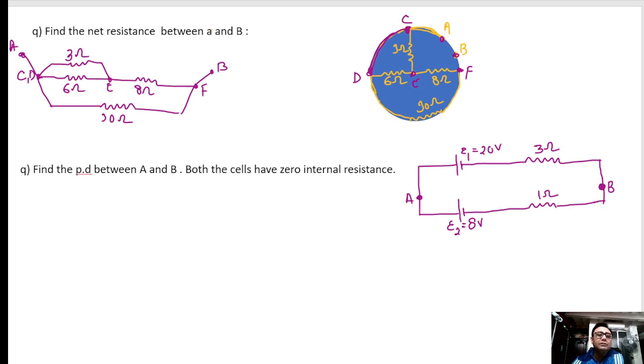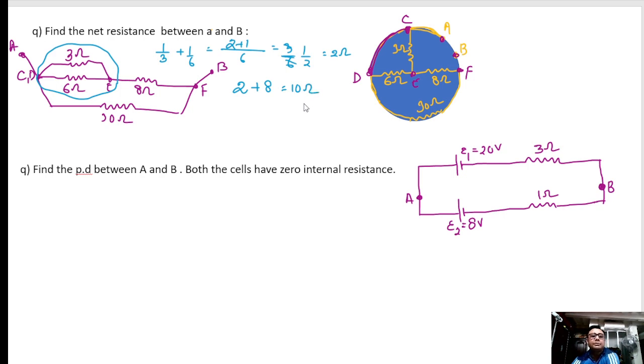Okay. So see, 6 ohm and 3 ohm, this part is in parallel. So what is the resistance? 1 by 3 plus 1 by 6, which is 2 plus 1, 3 by 6. So it will come 2 ohms. That means this is 2 ohms. Now 2 ohms and 8 ohms are in series, so they will add up to 10 ohms.